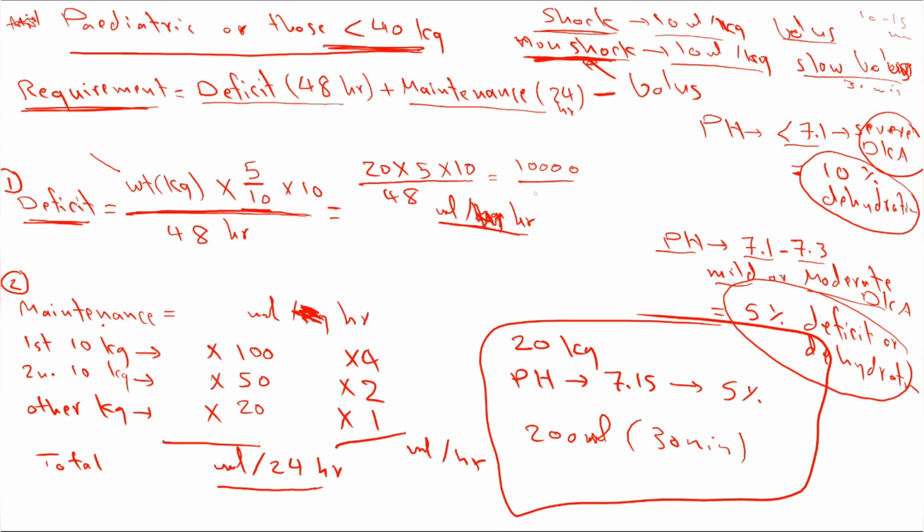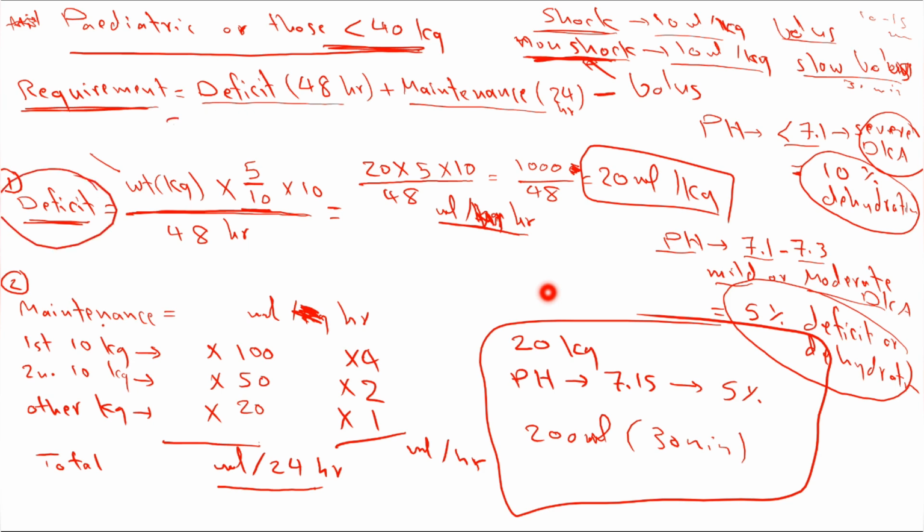This 10,000 is divided by 48, sorry, this is equal to 1000. So 1000 divided by 48 equals about 20 mL per kg. So this is the deficit.